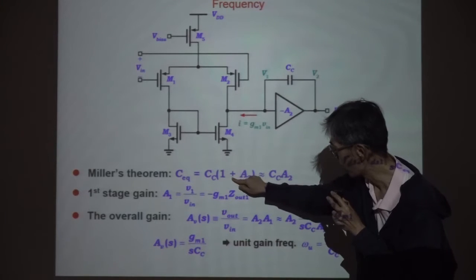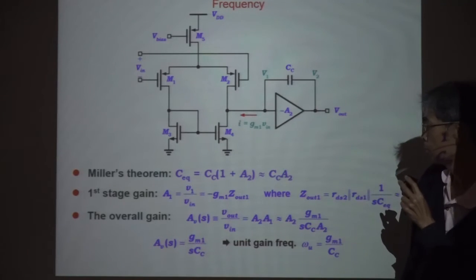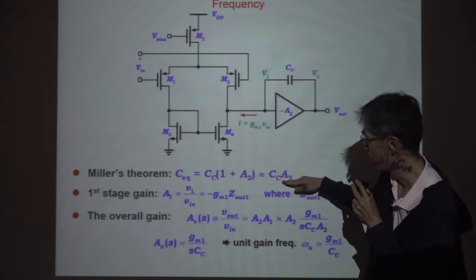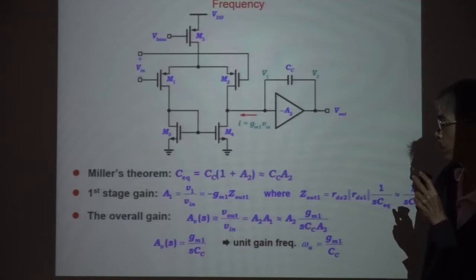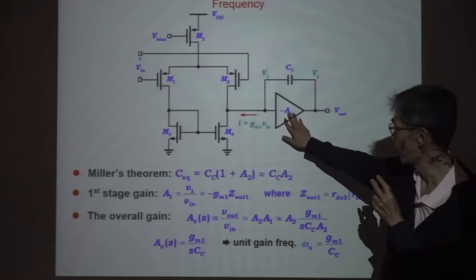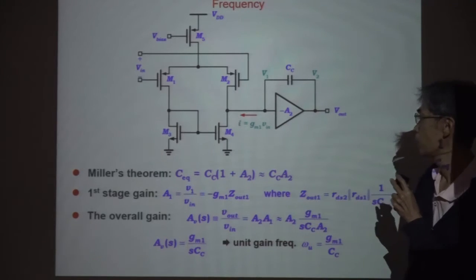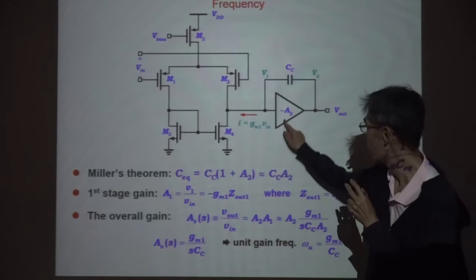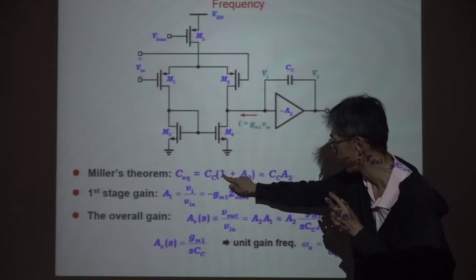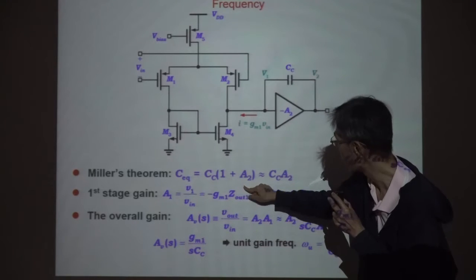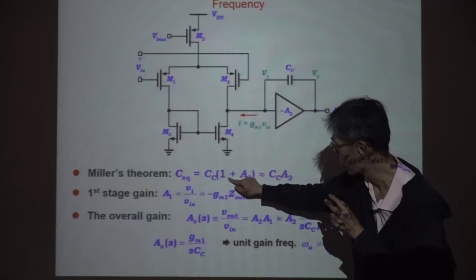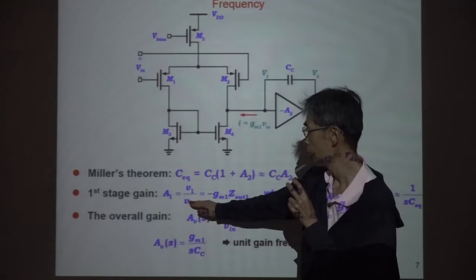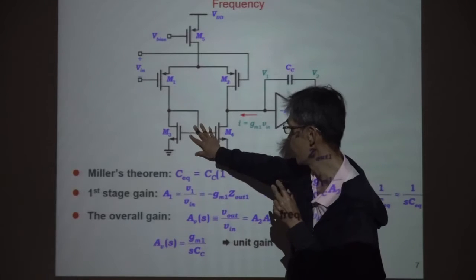So minus minus, we get plus. And because A2 is much greater than 1, we can get the result. So for A2, we got this one. See, minus A2, so we have 1 minus A2. So this is minus, we can get plus. For the first stage, this one, A1.